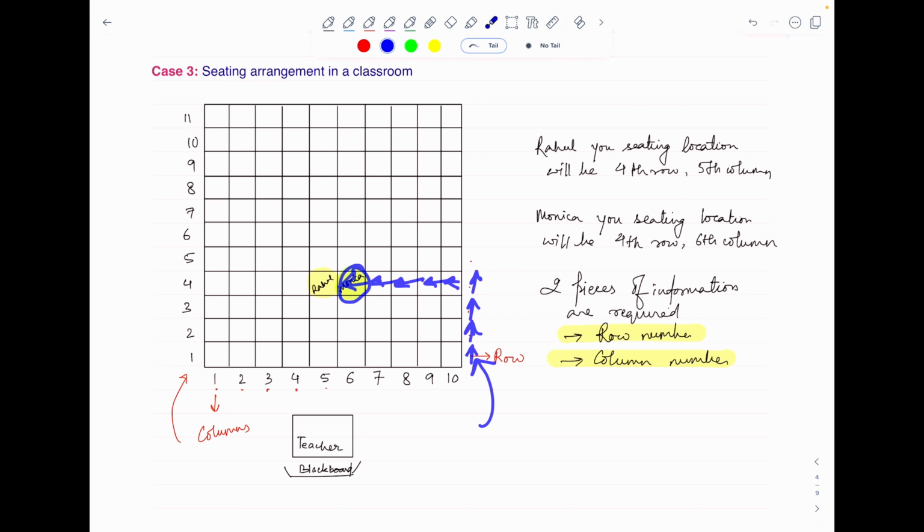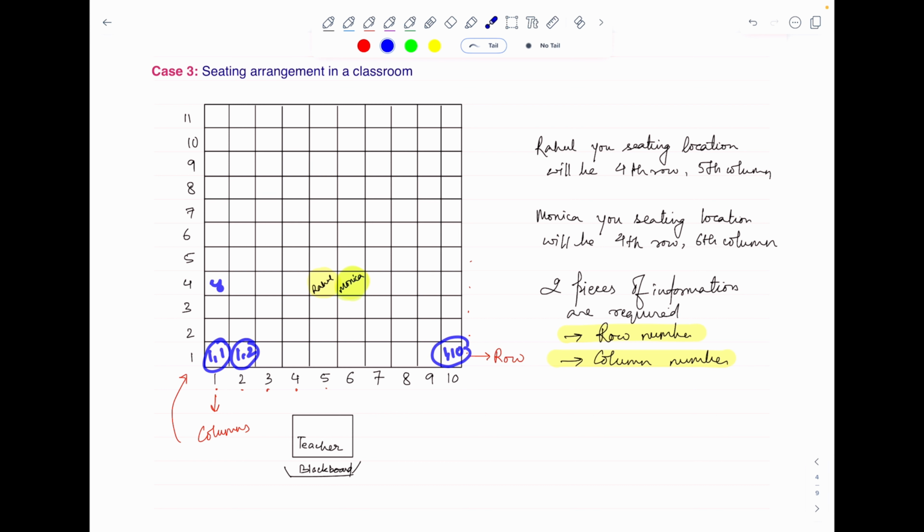In place of Monica, you would be sitting if you enter from this side. That is why the teacher specified the entry side. She was fixing the origin of the coordinate system. She was telling that this is the left edge, this is the bottom edge, and the intersection of these is the origin. She was considering this first row, first column; first row, second column; first row, 10th column.